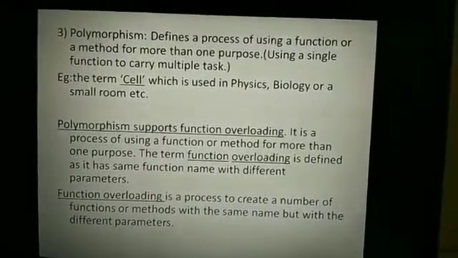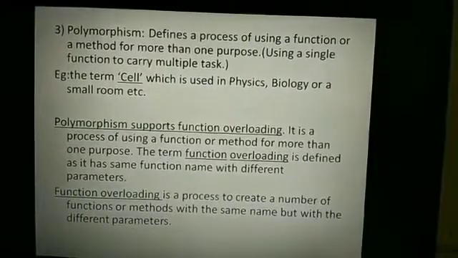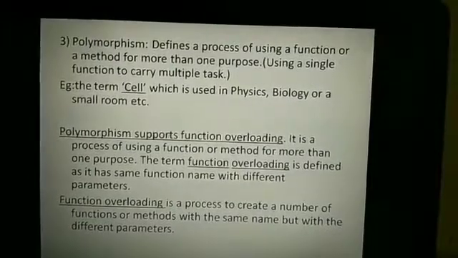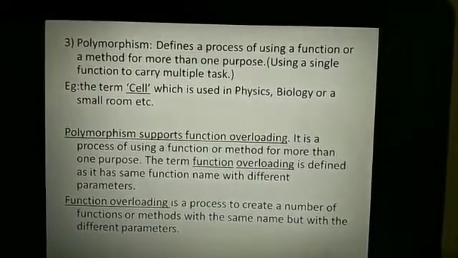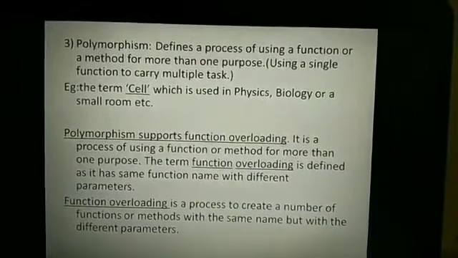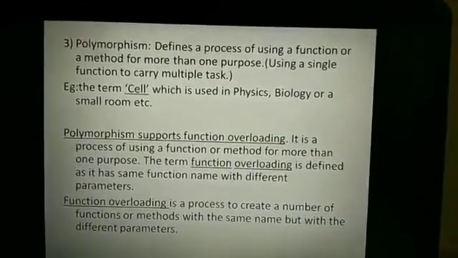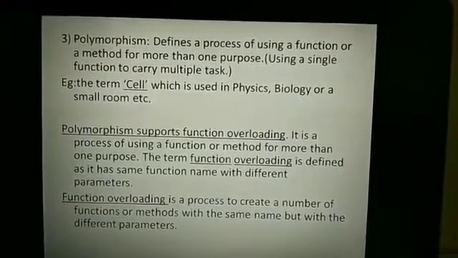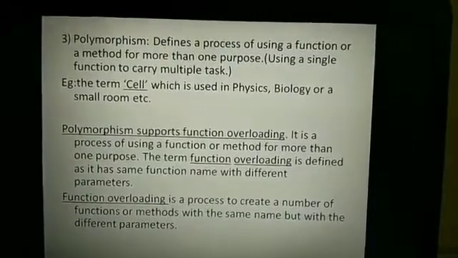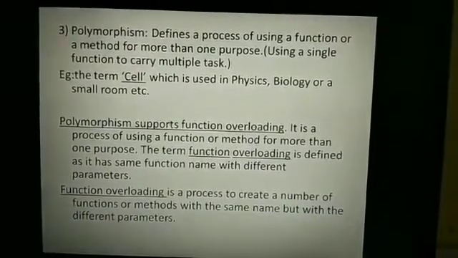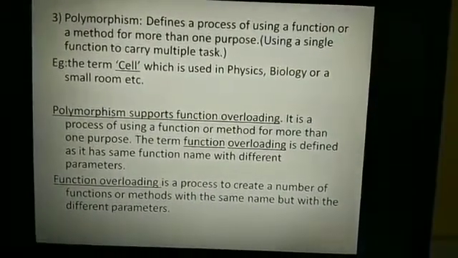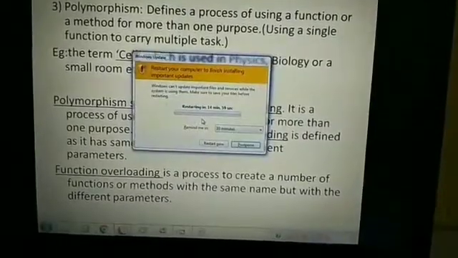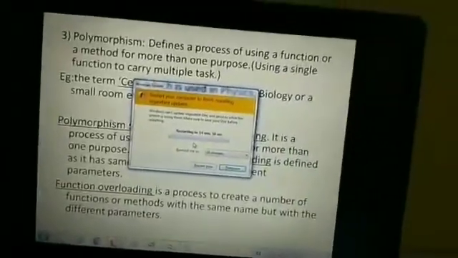It has the same name, cell, but it has different meanings. That is called function overloading. Function overloading is a process to create a number of functions or methods with the same name but with different parameters.